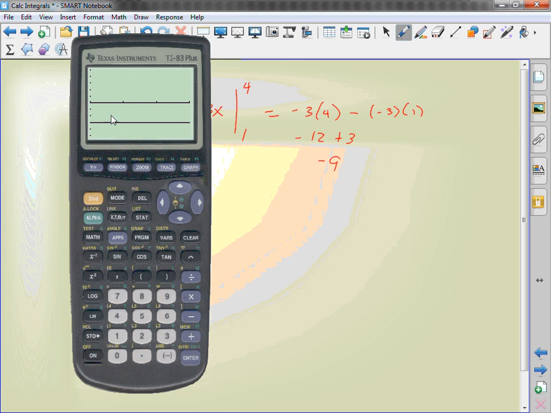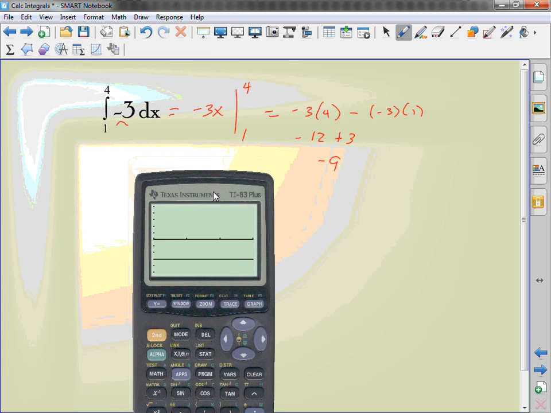That means the area is negative 9. Can you have a negative area? No. Technically the area is 9. Just because the line's underneath, that's why I gave you a negative.